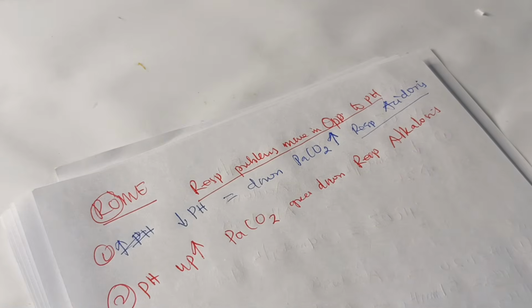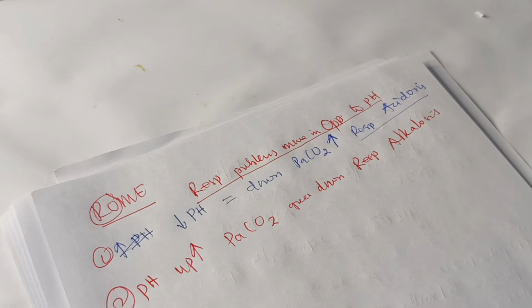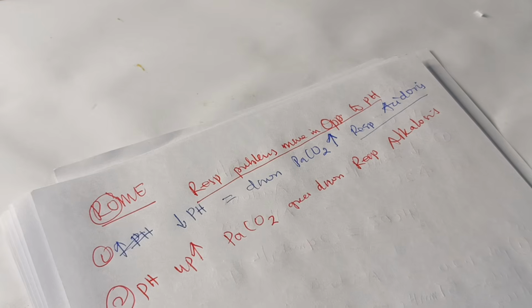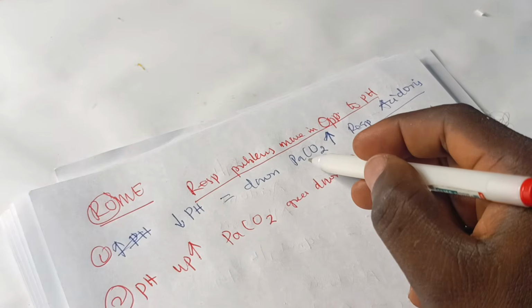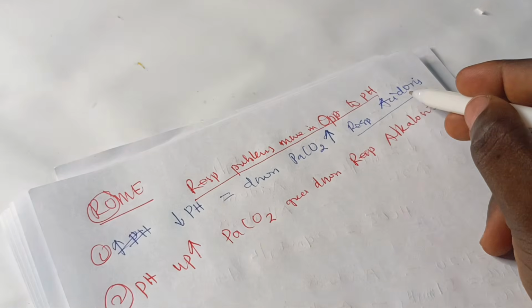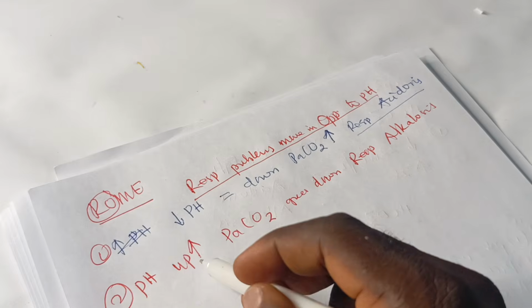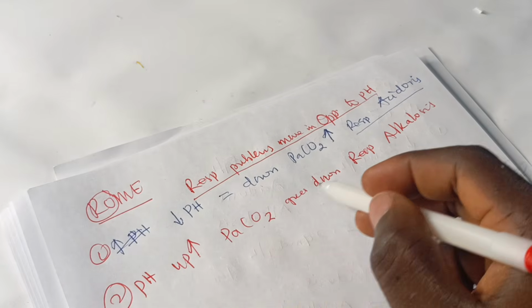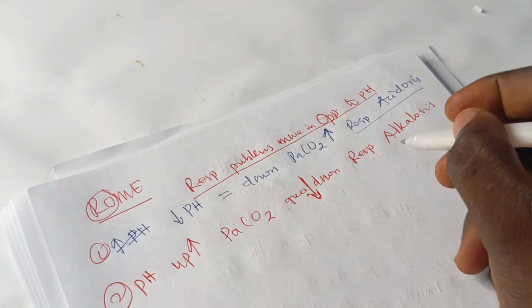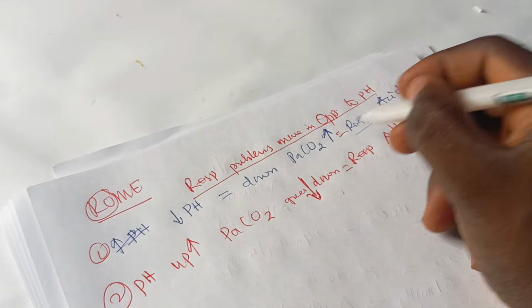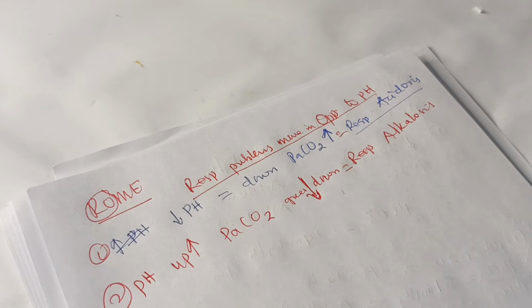Respiratory problems move opposite to the pH. Therefore, if pH goes down and carbon dioxide goes up, you have respiratory acidosis. If pH goes up and carbon dioxide goes down, then we have respiratory alkalosis.